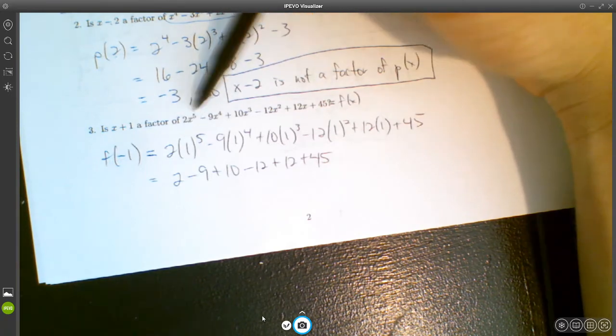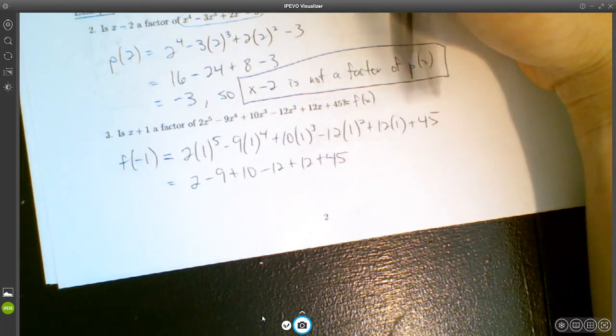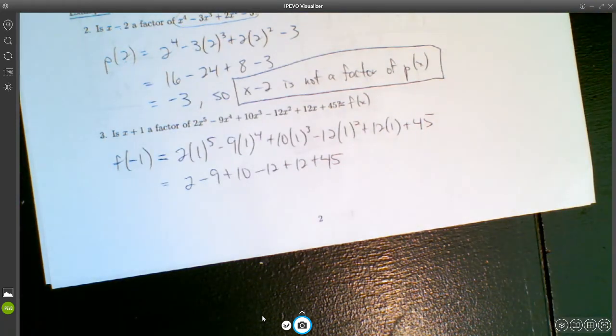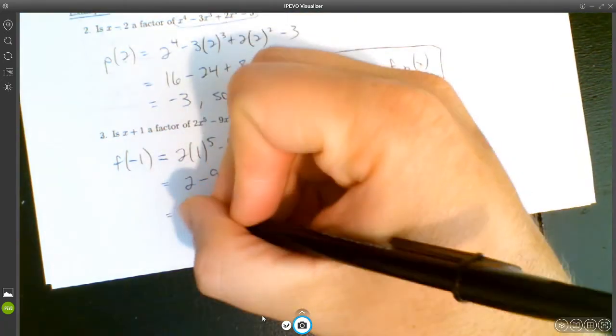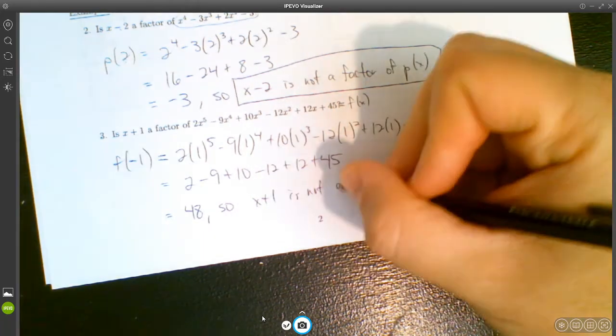Did I get all this right? 2, 9, 10, 12, 12, and 45. Yeah, 2 minus 9 plus 10 minus 12 plus 12 plus 45 is 48.